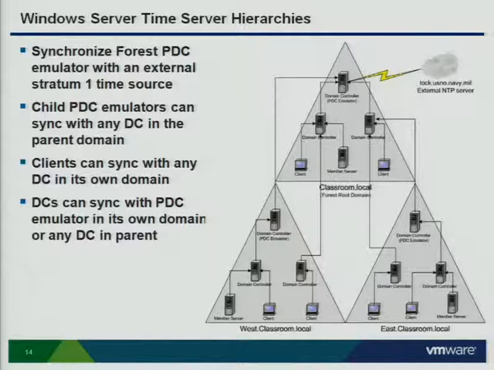VMware strongly urges you to make sure that PDC emulator is a physical entity. Not necessarily in every single child domain, but at the very least the forest root domain PDC emulator should be strongly considered to be a physical entity, and we'll get to why in a second. The rest of the bullet points show the relationship between DCs in a domain and who they get time from.